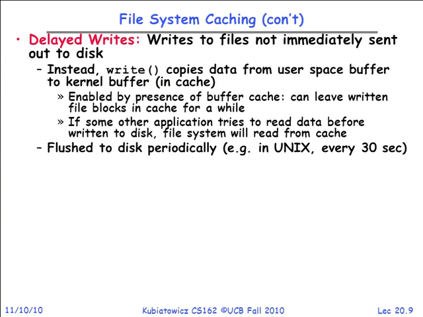The second is that there's a time constraint. For instance, in Unix, the data will never be there more than 30 seconds. So if you write some data and then wait a long time, it will be on disk, assuming you haven't crashed yet. Or if you happen to be really paranoid, you can become root and execute sync, and it'll go out.